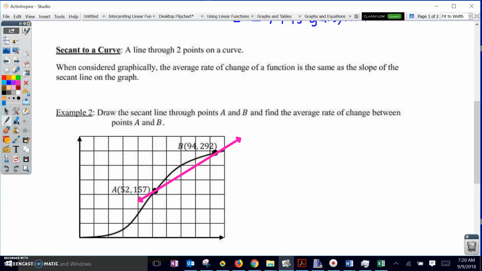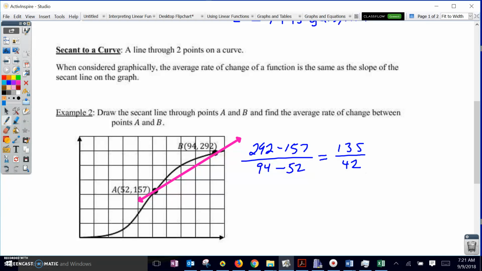And then to find the average rate of change, again, this is a slope calculation. And so the average rate of change is going to be 292 minus 157 over 94 minus 52. That's going to be 135 over 42.